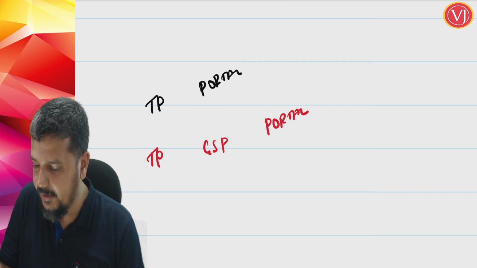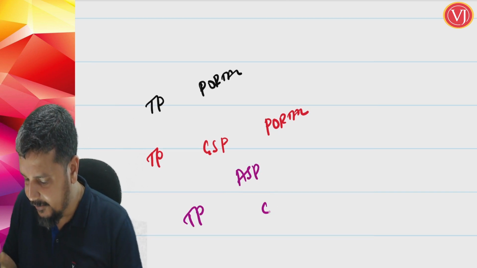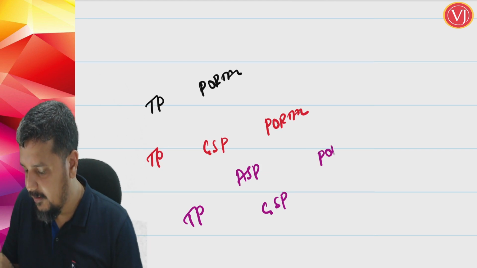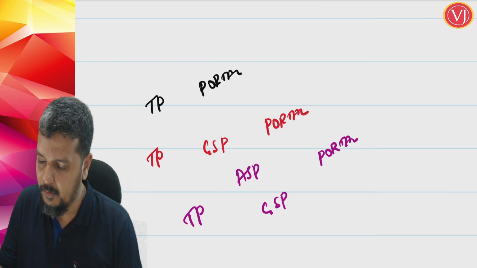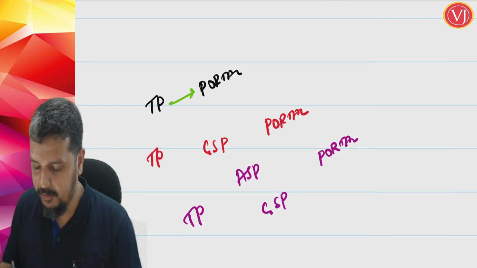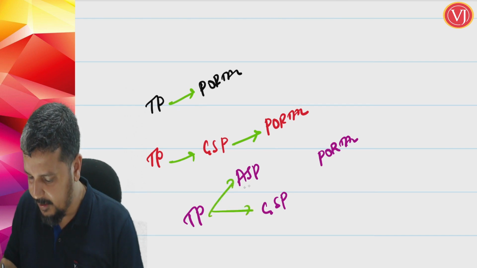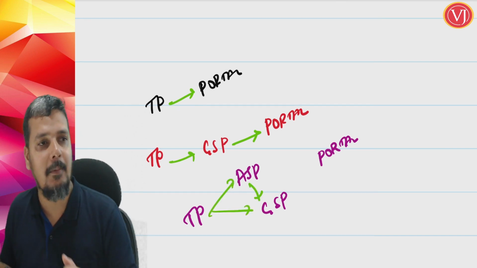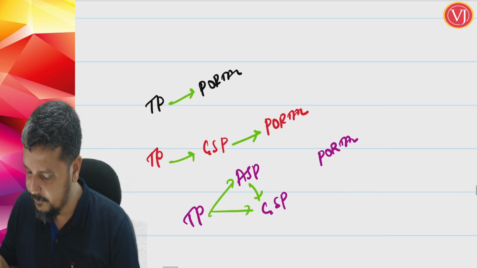And the third way, taxpayer to ASP as well as to GSP, finally to portal. So the third way of communication will involve the ASP passing on the information to the GSP, and then the GSP talking to the portal.